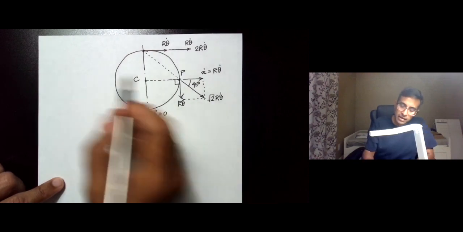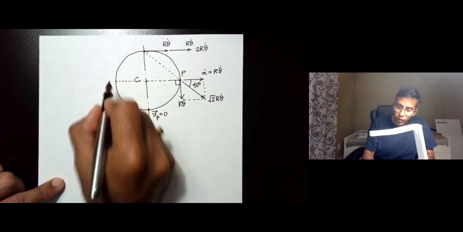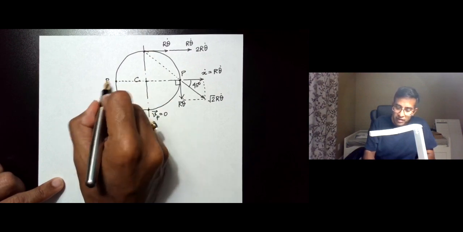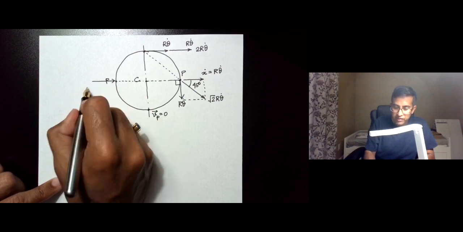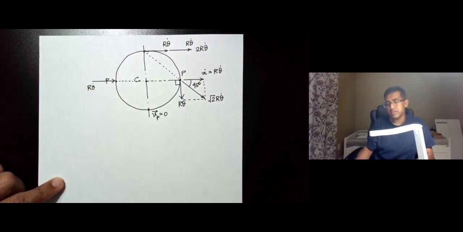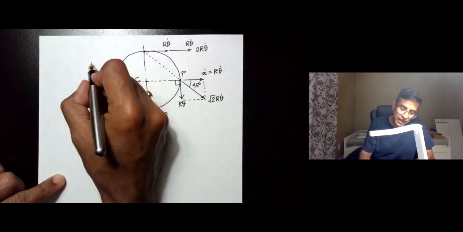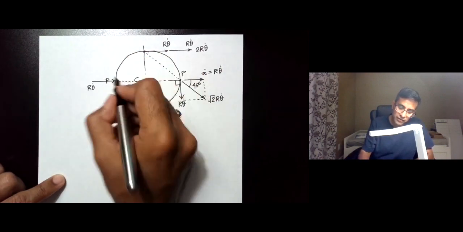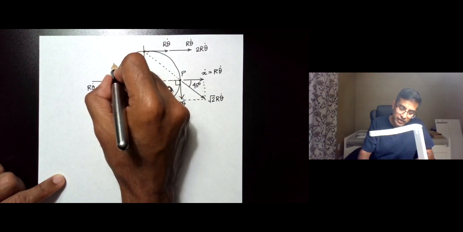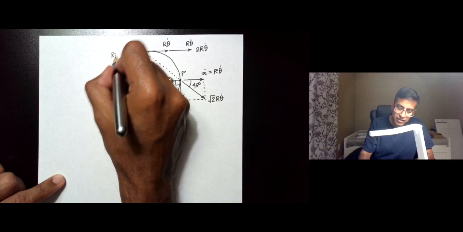And if you, for instance, consider the point P over here, then it again has two components. You have the r theta dot due to the translation of the disk, and then because of the rotation of the disk you have the vector r theta dot here.